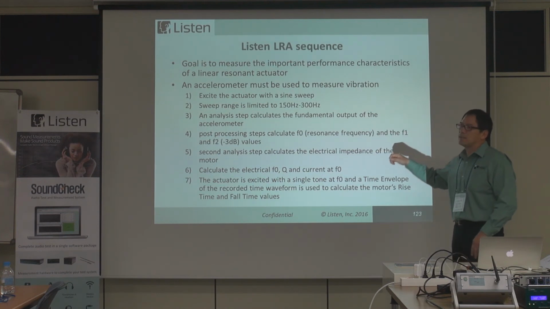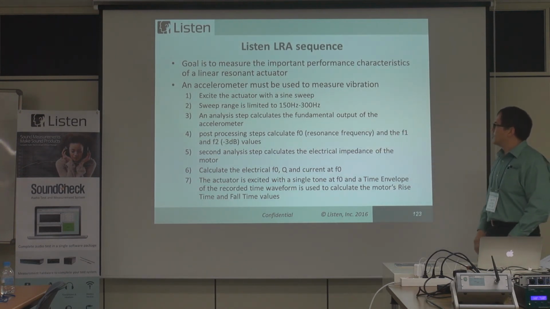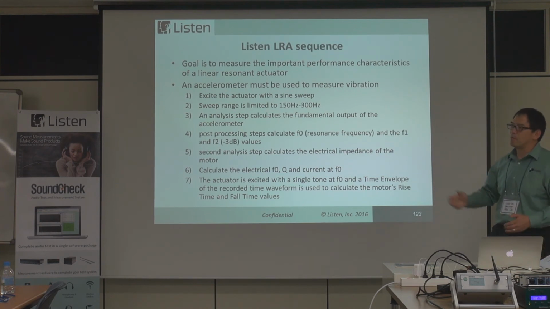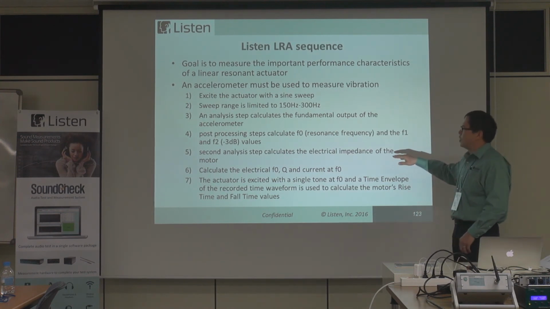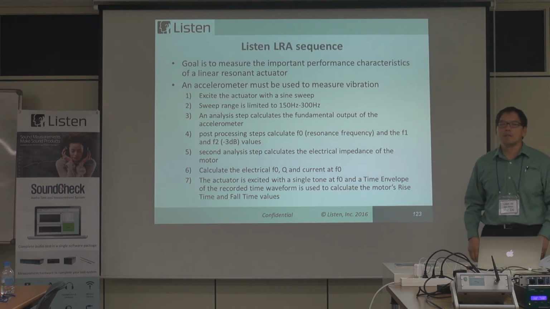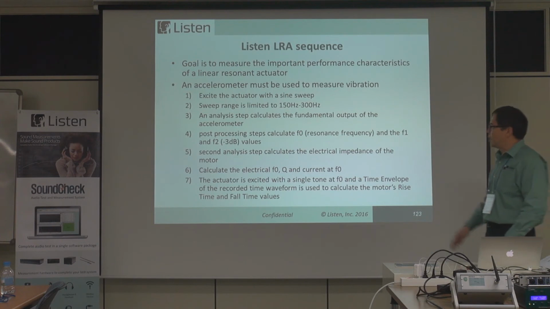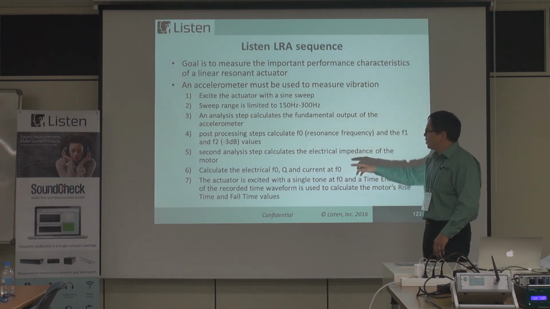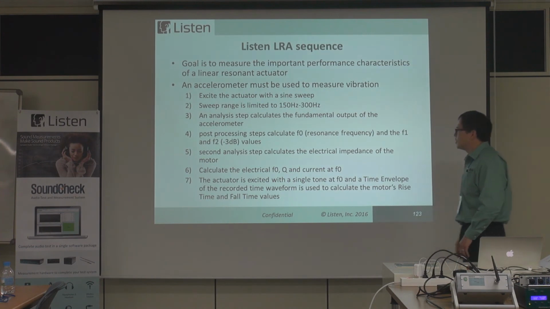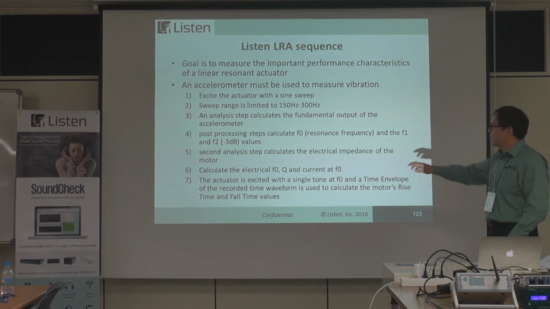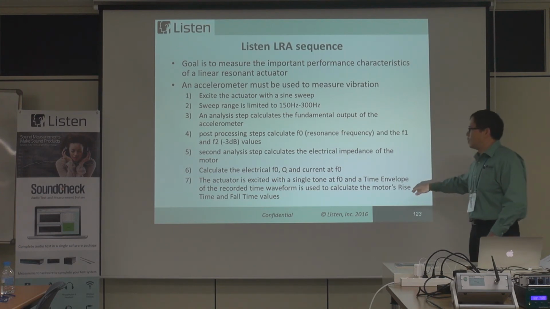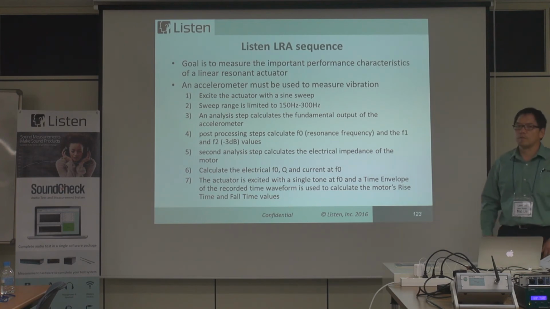We can use the post-processing step to measure the resonant frequency, as well as F1 and F2, because some people want to know those values so they can plot their own curve. And then we can use that to also calculate the electrical impedance of the motor. From there we can get the resonant frequency, the Q, and the current drop. Then we're going to rerun the test at that resonant frequency and calculate the rise and fall time, which is also interesting to people who are using linear motors.